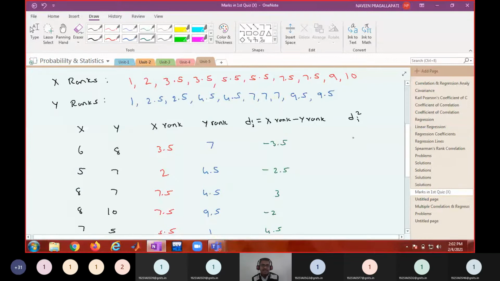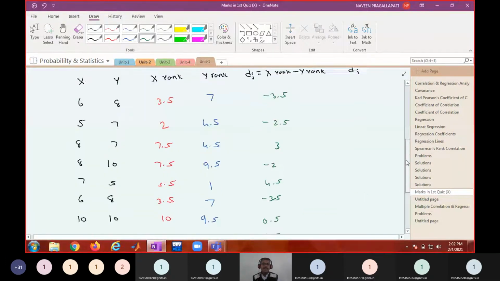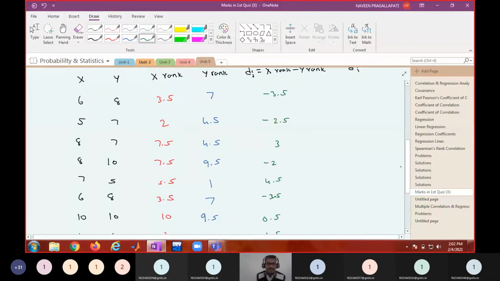Okay, so what is the square of this one? Please write down the square of this and tell me sigma d square.